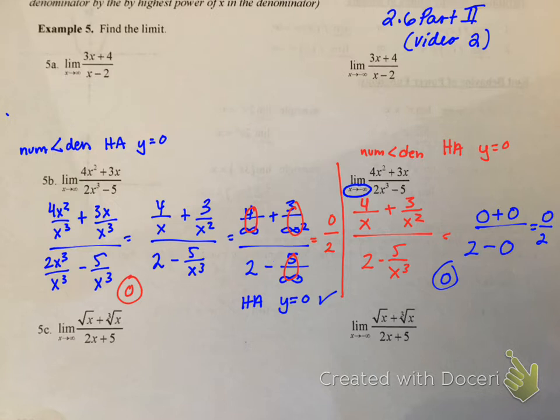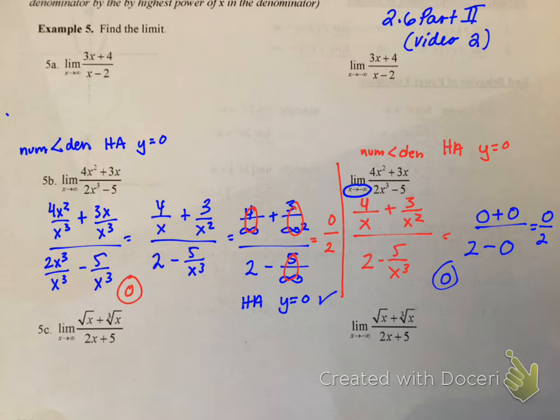Okay. So if we look at this, we would assume, because this is the same exact equation, that the limit is going to be 0 because the horizontal asymptote is 0, right? So let's go to the point where we simplified it down like we did the last problem.